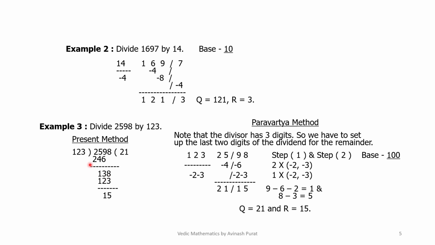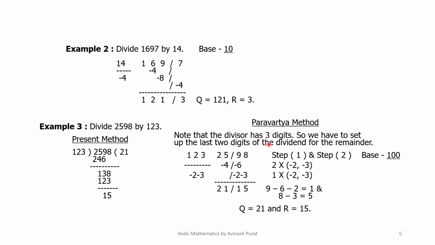So 138 divided by 123. 1 is the quotient, and 138 minus 123 is 15.